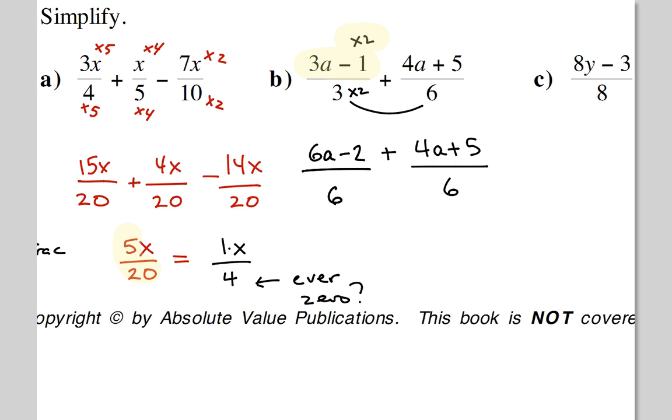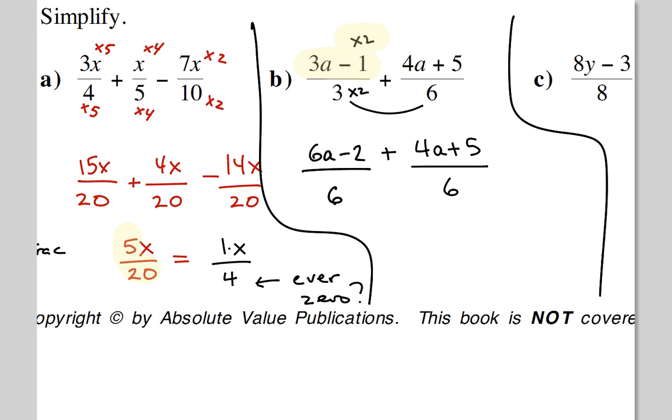And once you have the fact that they both have the same denominator, what do you do with the tops? You combine them, right? Combine the tops. So how many a's do you have? The number would be negative 2 and a positive 5. What do they combine for? Plus 3 all over 6.